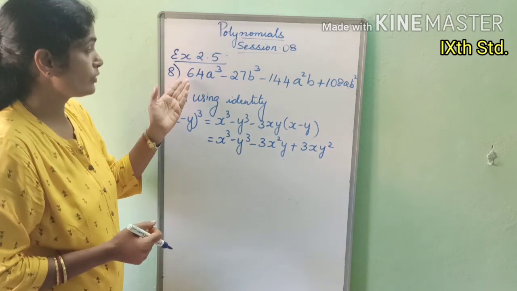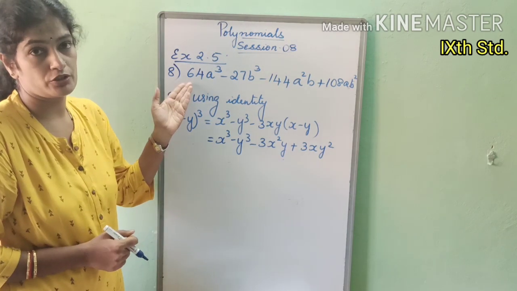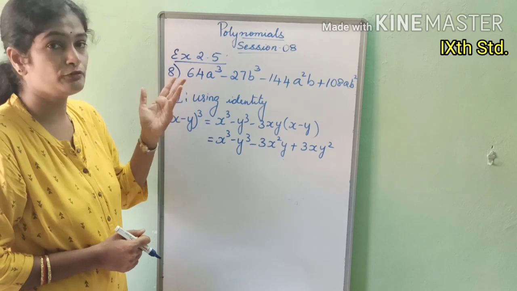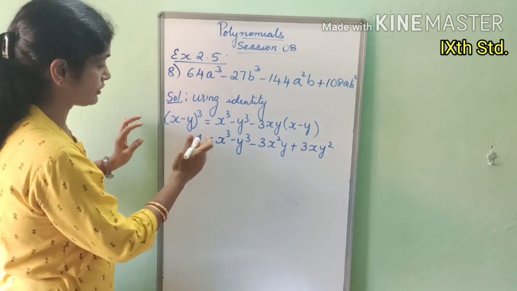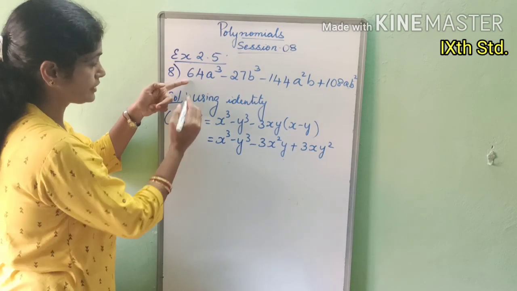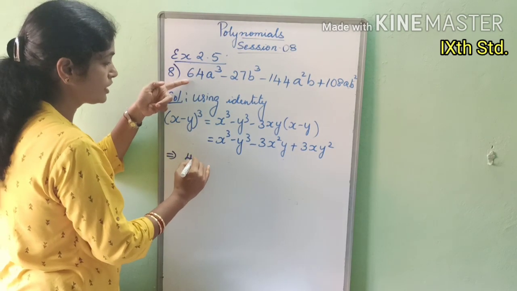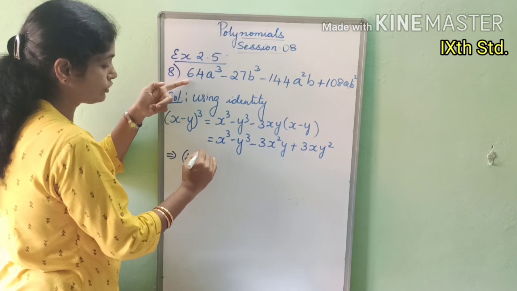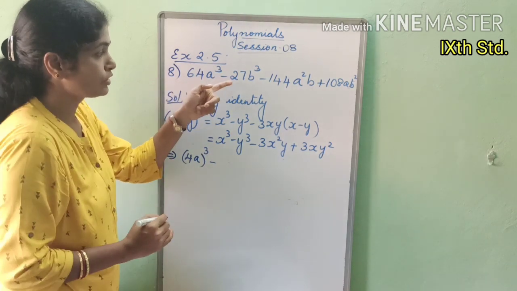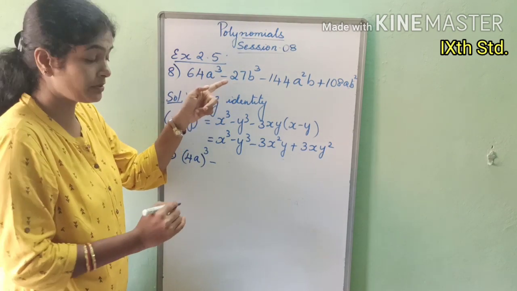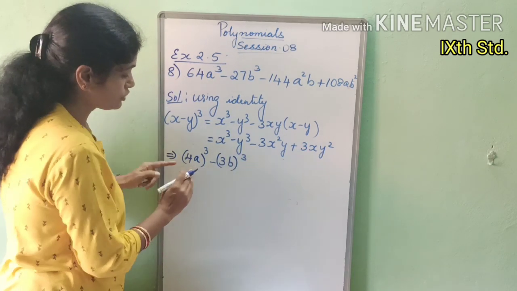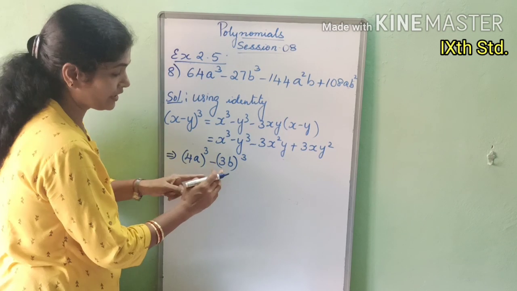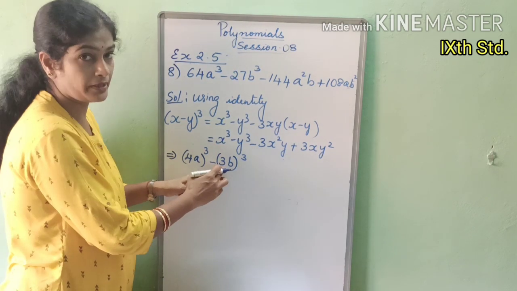Cube root of 64, which will be 4, because 4 into 4 is 16, 16 into 4 is 64, right? So we can write it as (4a) whole cube minus 27b cube. 27b cube can be written as (3b) whole cube, right? So x is equal to 4a and y is equal to 3b, right?